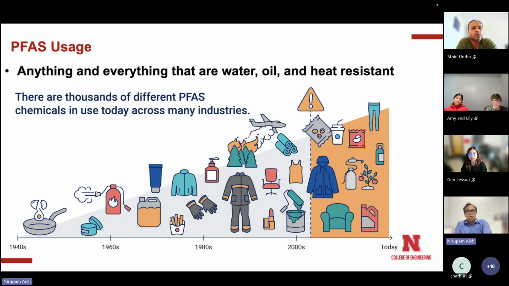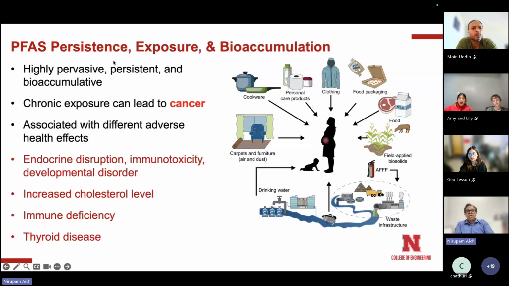So what happens is, when we use them over time, they can get released into our environment from manufacturing of these products or usage of these products. Now, because these carbon-fluorine bonds are really, really strong, typically with synthetic chemicals, you have microbes in the environment or other organisms that can take them up and break carbon-hydrogen bonds in most hydrocarbons.